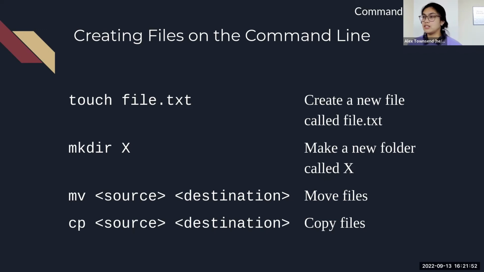If file.txt already exists, it will just update the last edited value. So that's a little bit of a nuance, but essentially you don't actually have to open the file. You can just touch it and it'll update the last modified time, or the last time that this file was accessed, to whenever you ran the touch command, instead of having to open it.